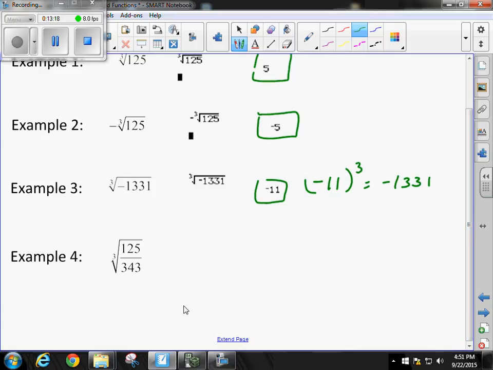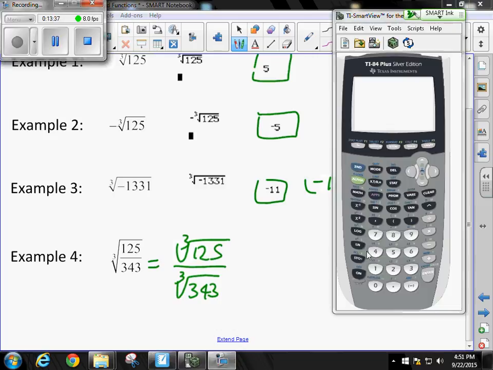And then I'm going to do the cube root of the fraction 125 over 343. So I need to split it up first: the cube root of 125 over the cube root of 343. I'll grab my calculator and work these separately.